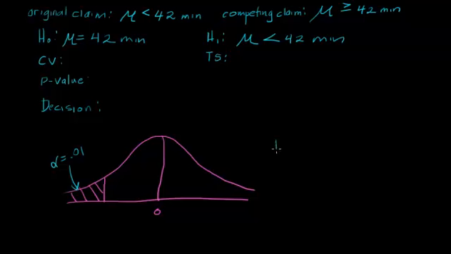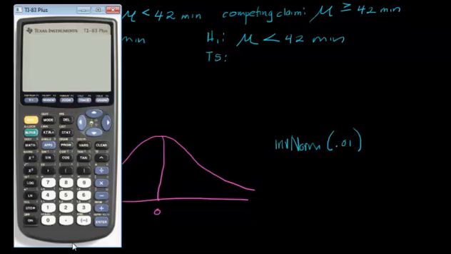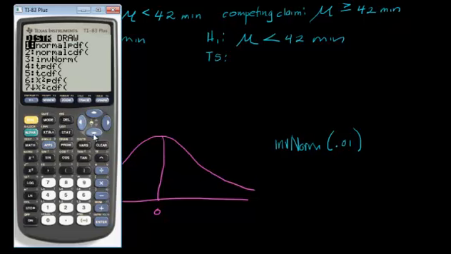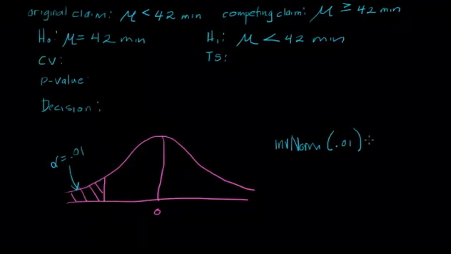From that we can get our critical value using the inverse norm function, area to the left, which is 0.01. Distributions, inverse norm, 0.01, negative 2.326, rounded to 2 decimals would be negative 2.33. We were expecting a negative because we knew we had a left-tailed test.